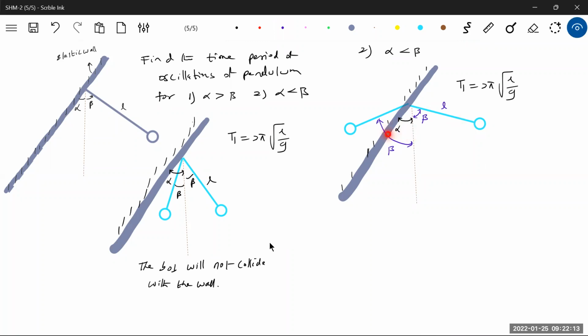So it will come, collide and rebound, no? So it will come and collide. I'll just show that angle, that will be sufficient. Beta is greater than alpha is what that angle is, what I'll try to show.